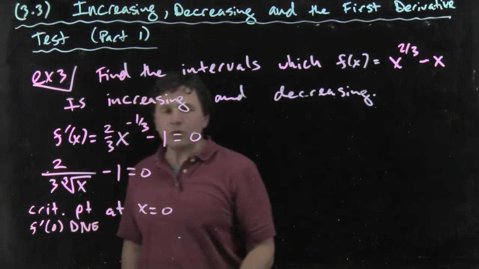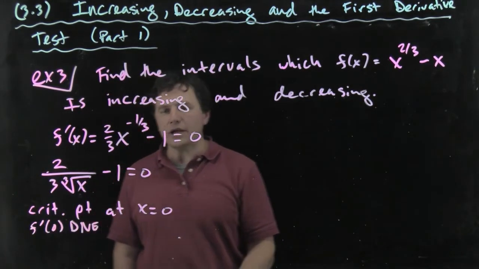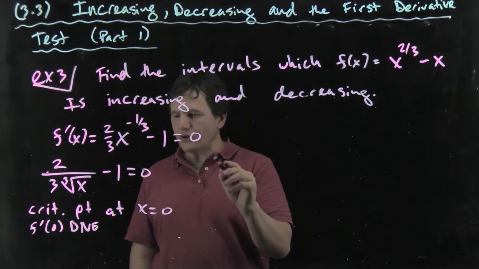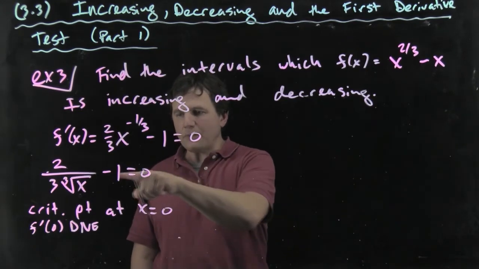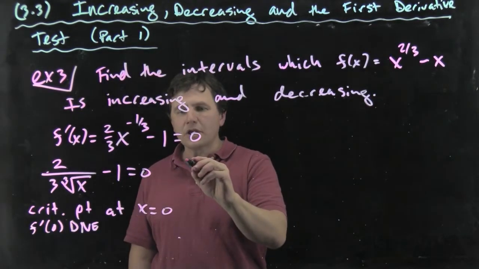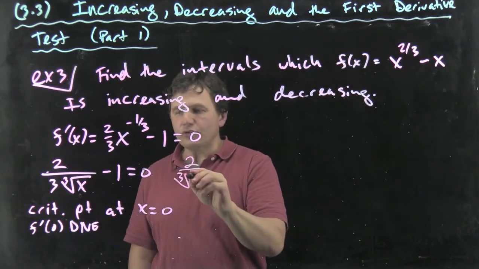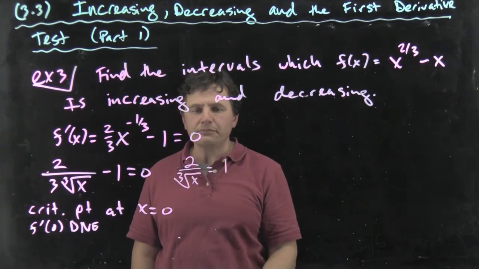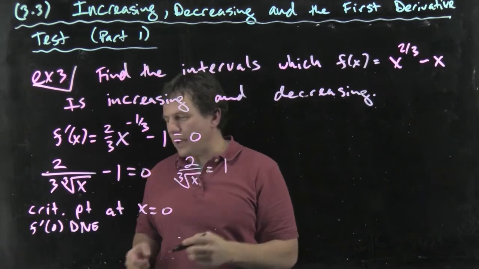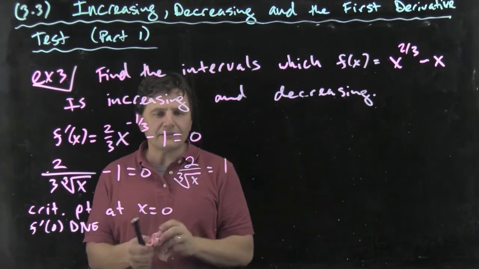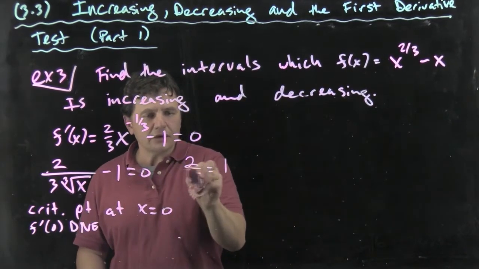Now we also have to find when it's equal to 0, so we have to do a little algebra here. So let's go ahead and do that. I'm going to move the 1 to the other side, so I'll have 2/3 over the cube root of x equal to 1. And now what I can do is multiply both sides by the cube root of x.